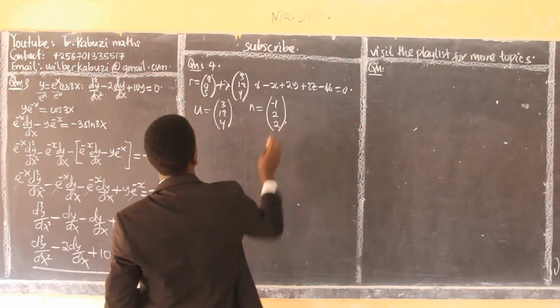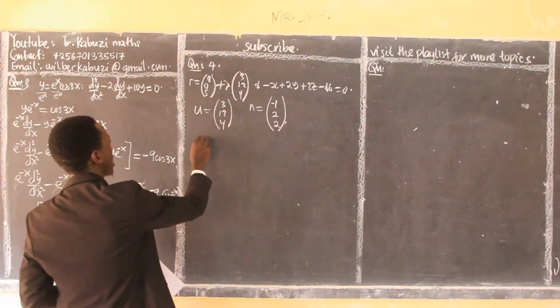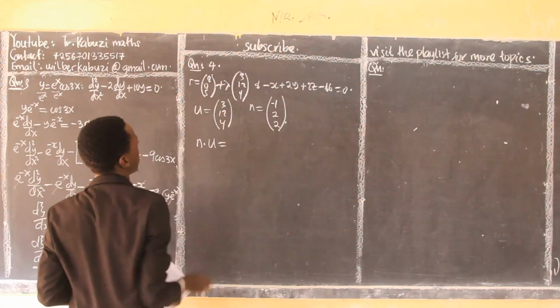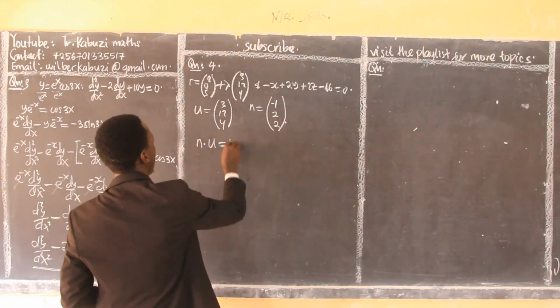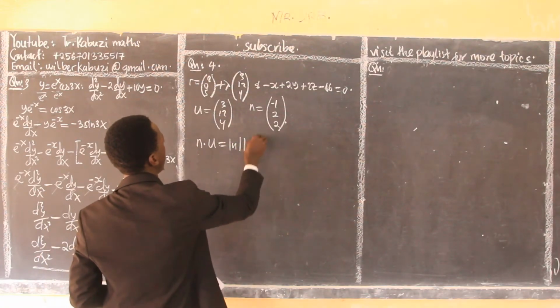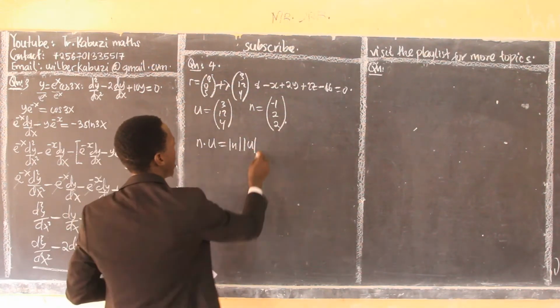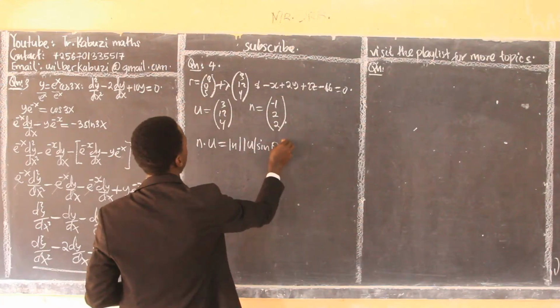That is my normal. You know that if I want the angle between these two, I say n dot u is equal to magnitude of n times magnitude of u times sine theta, because I'm getting an angle between a plane and a line, I use sine theta there.